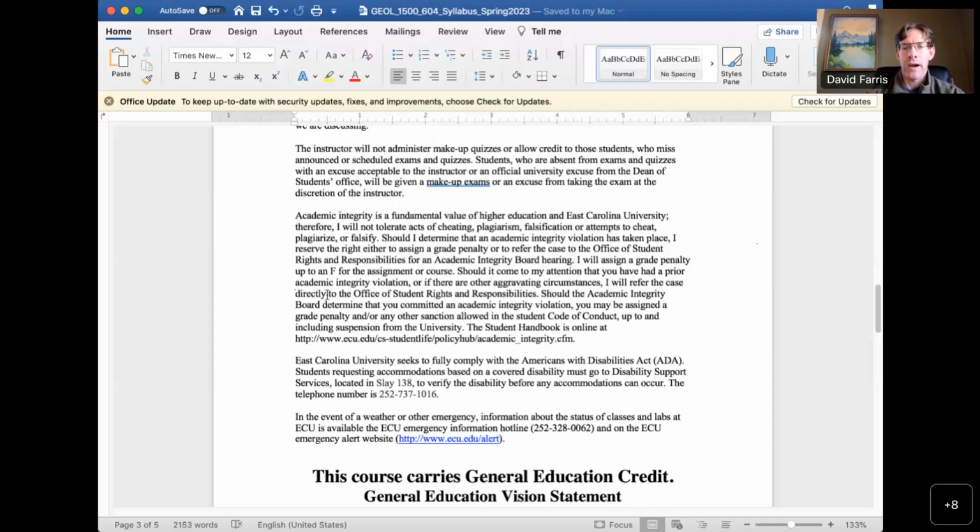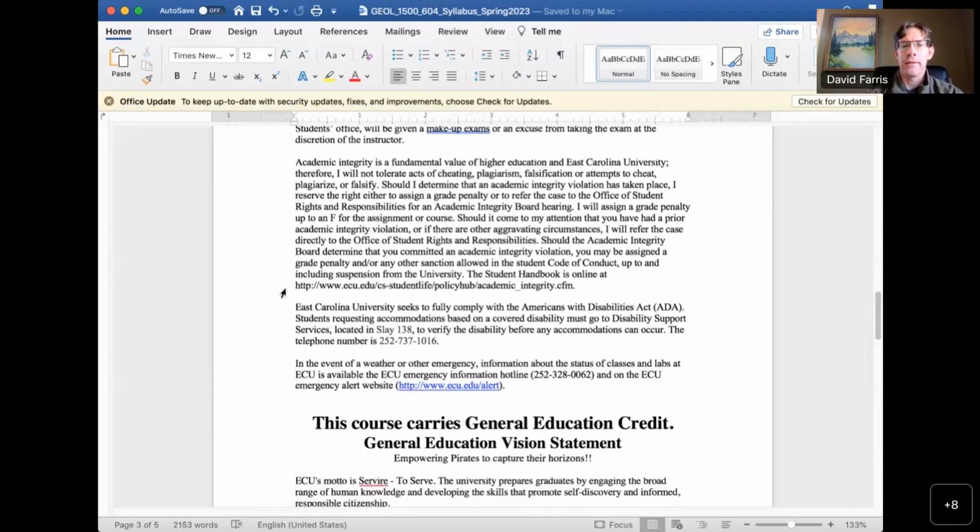If you're suspected of having one of these violations, you'll be informed and have time to respond. Ultimate consequences include an F for the individual assignment, and could even be separation from the university for very extreme examples. Basically, do your own work and it shouldn't be an issue.